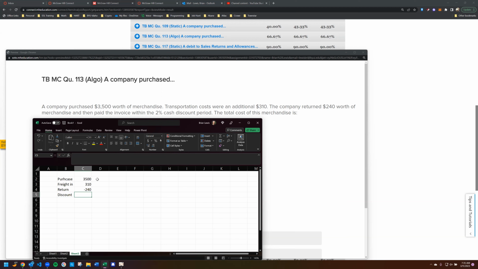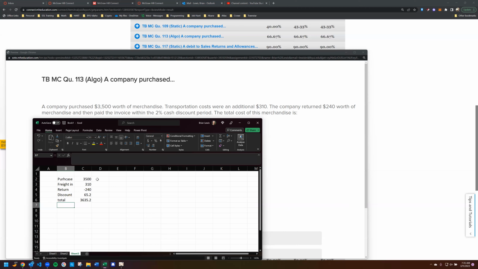So the discount is going to be on this plus this times 0.02. Okay. The cost of this merchandise is the total, equals the sum, and we'll look at this.